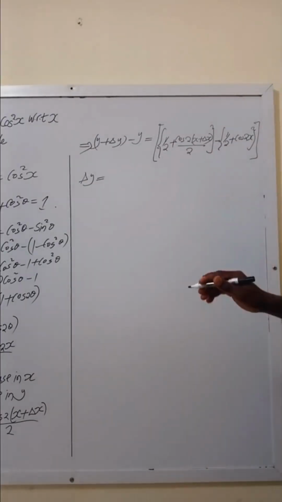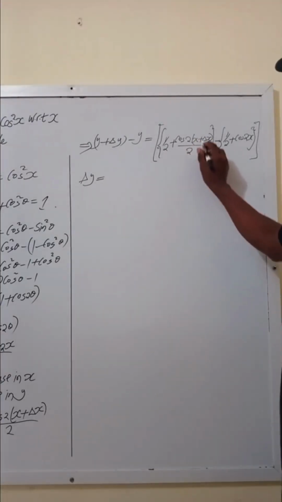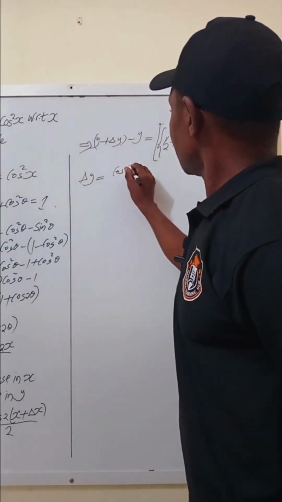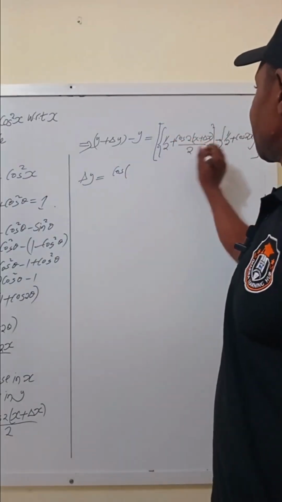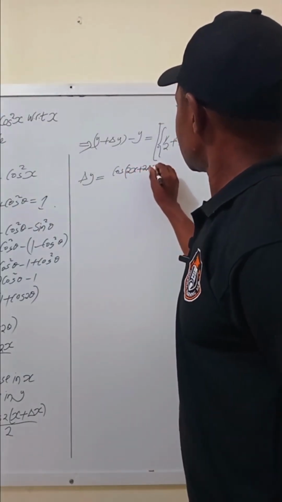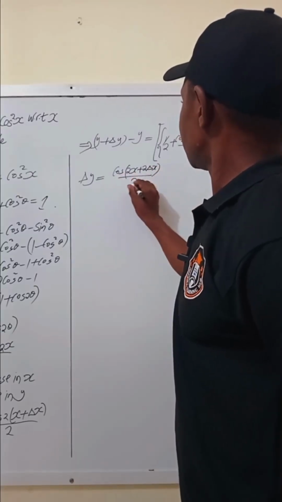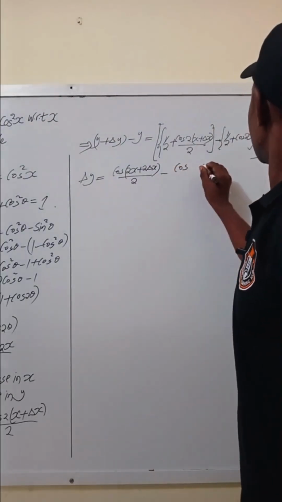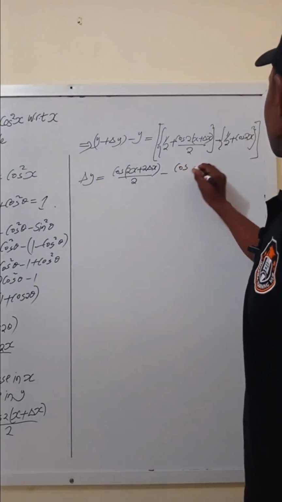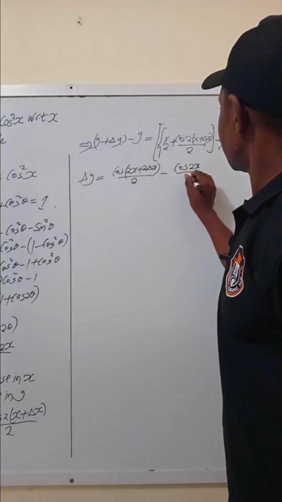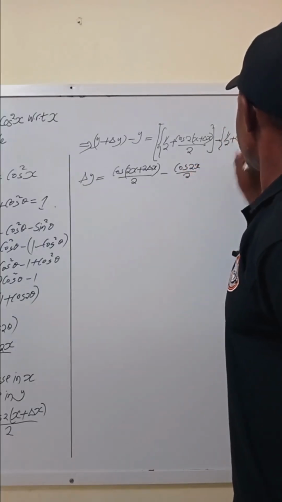That one is 0. Then we have this complicated term, which is cos. Now if you open the brackets here, it will be 2x plus 2 delta x, this one divided by 2, then minus cos 2x divided by 2.